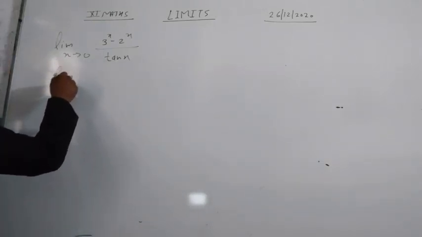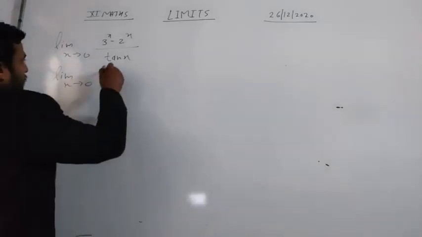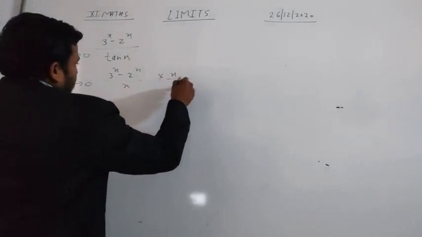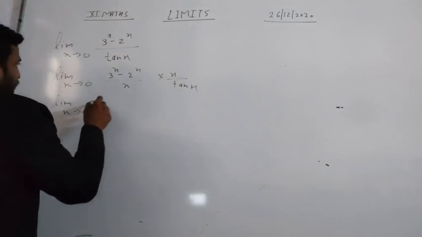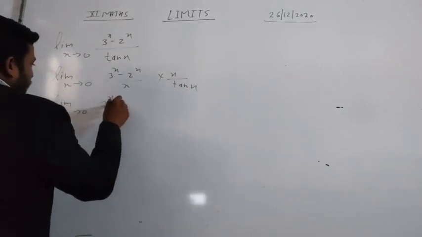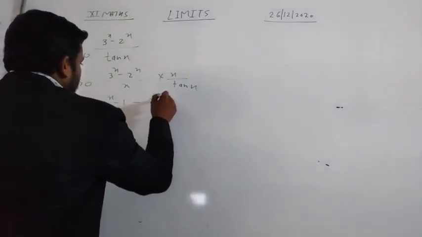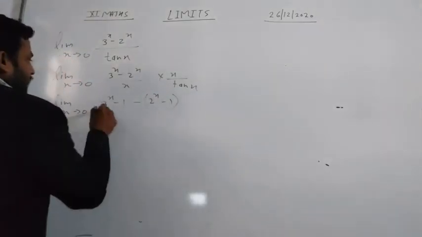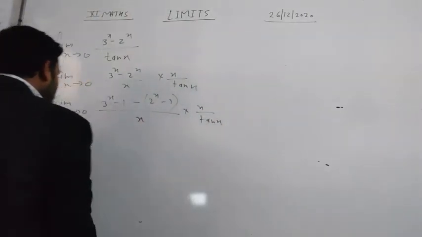We write limit x tends to 0, (3 to the power x minus 2 to the power x) by x into x by 10x. Okay, and limit x tends to 0, (3 to the power x minus 1 minus 2 to the power x minus 1) by x into x by 10x.